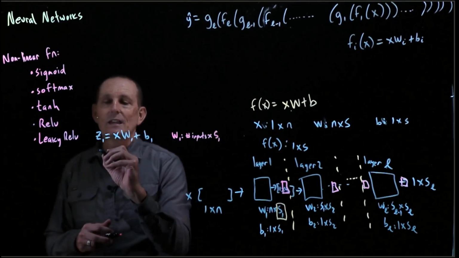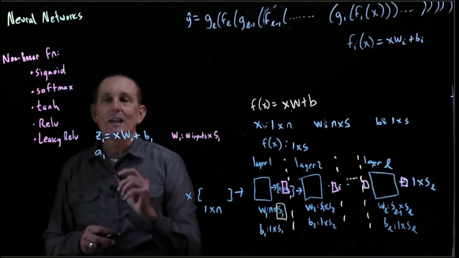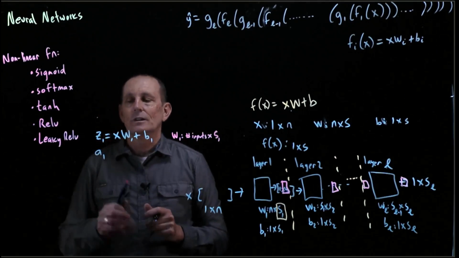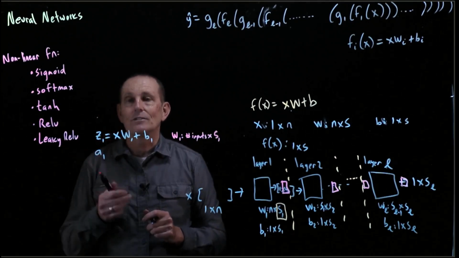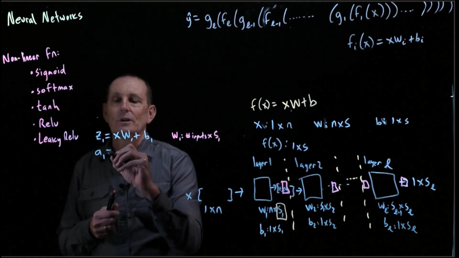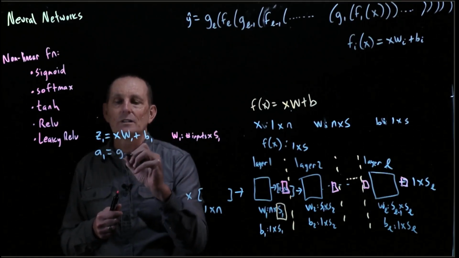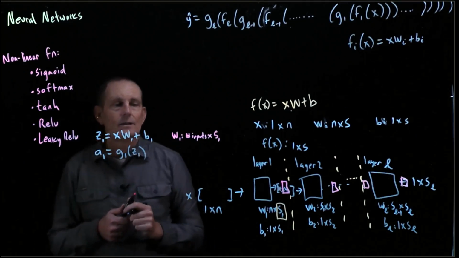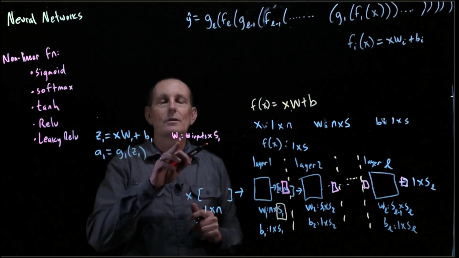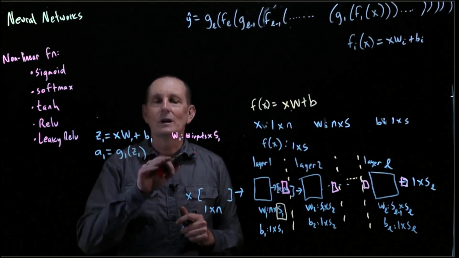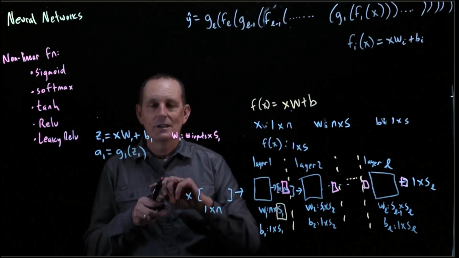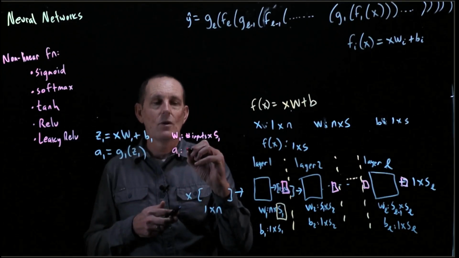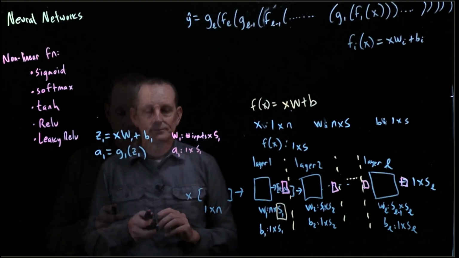And then we'll say that A is the output of the activation function. So A sub 1 is going to be equal to G1 of Z1. Now A1 has the same form as B1, in the sense that A1 is going to be 1 times S1.